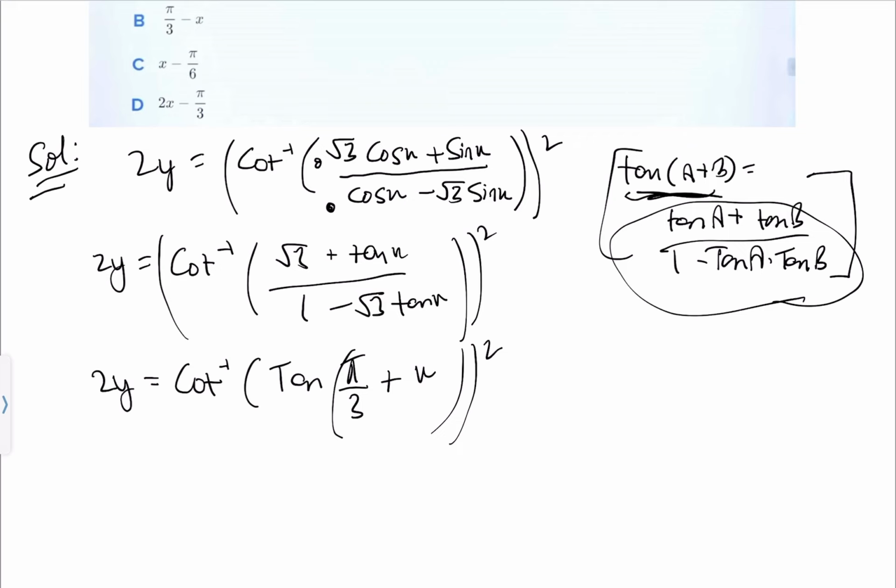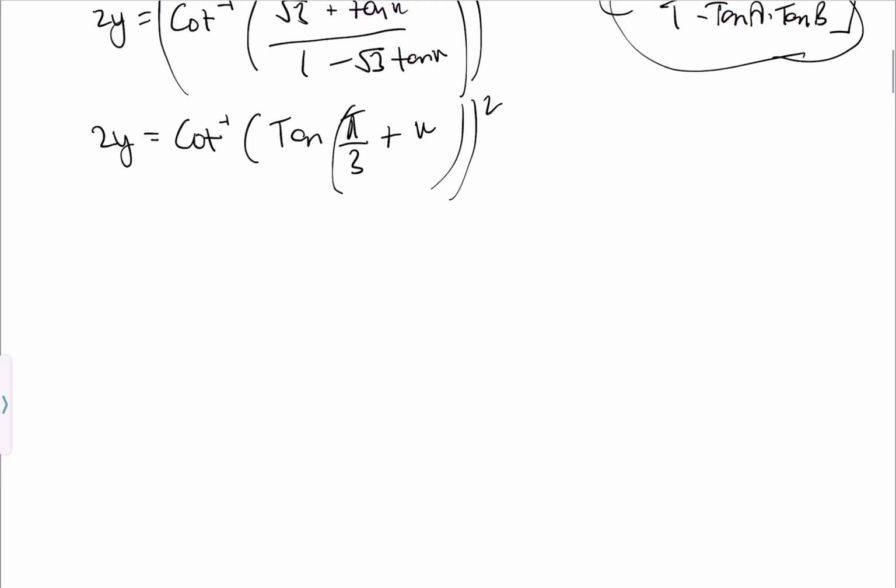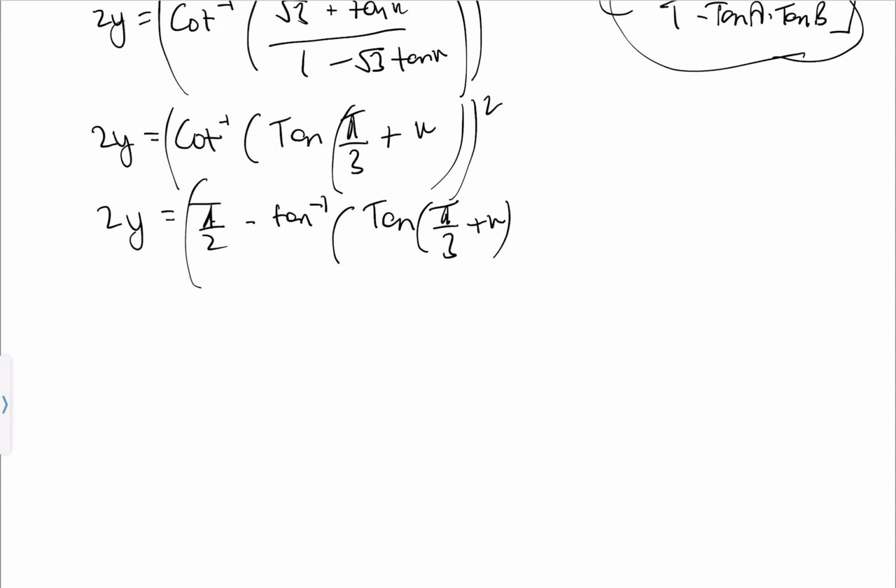Alright, we also know what cot inverse is: cot inverse equals pi by 2 minus tan inverse. So we get pi by 2 minus tan inverse of tan of (pi by 3 plus x), whole square.